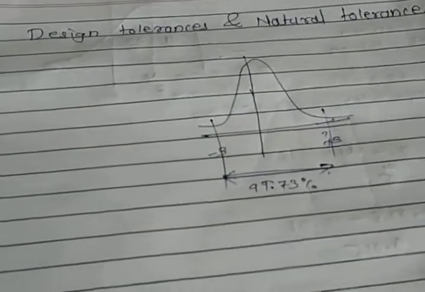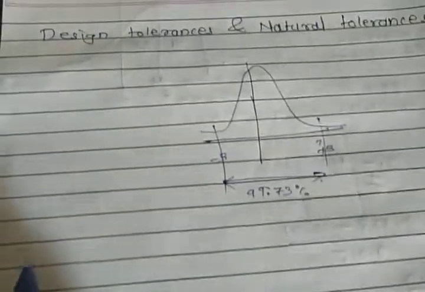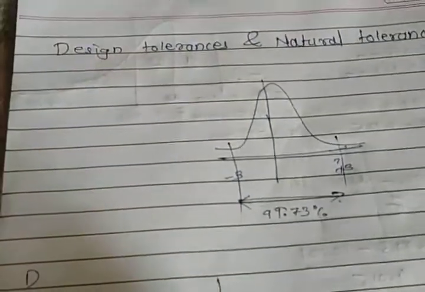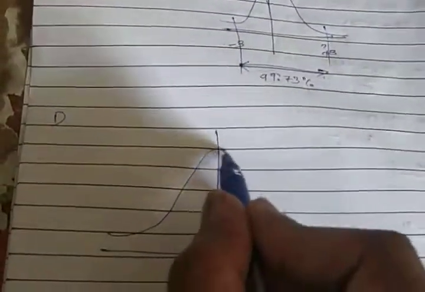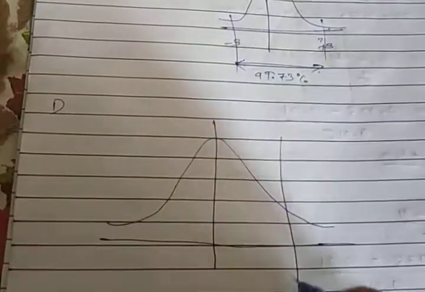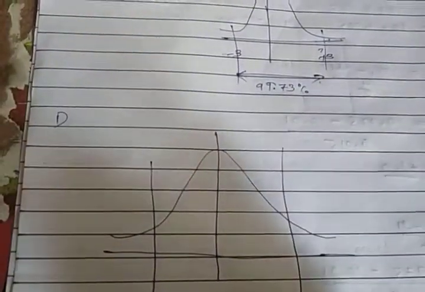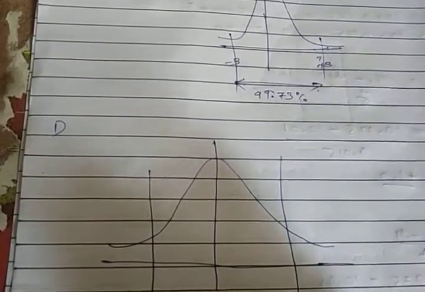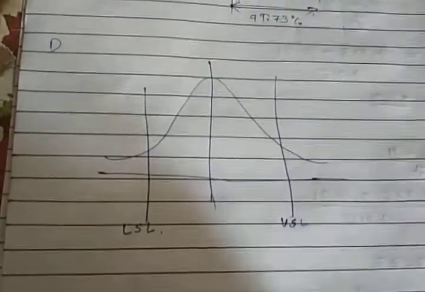Now there are basically three cases of design tolerances and natural tolerances. For the first case, I will draw the normal distribution. Then the specification limits: this is the upper specification limit and this is the lower specification limit.